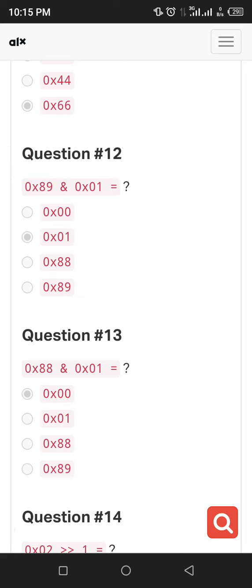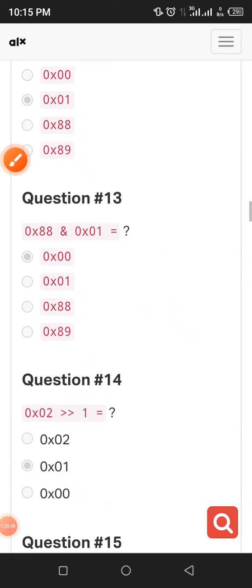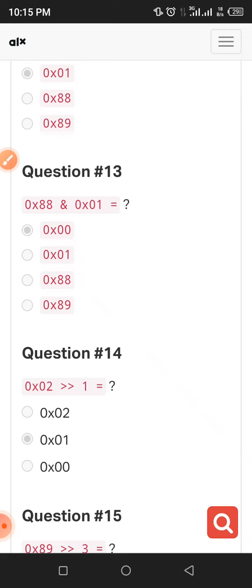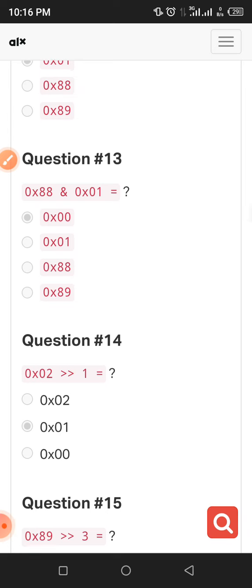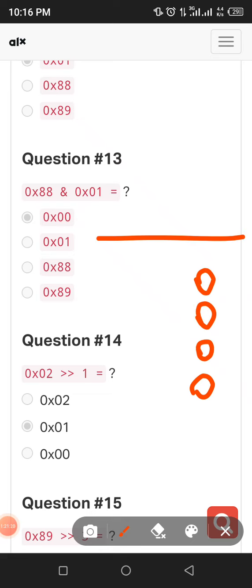Good. So number 13, the same thing is applicable: 8, 8 and 0, 1. So we have 0, 1, then 8, which is 1, 0, 0, 0, like that.